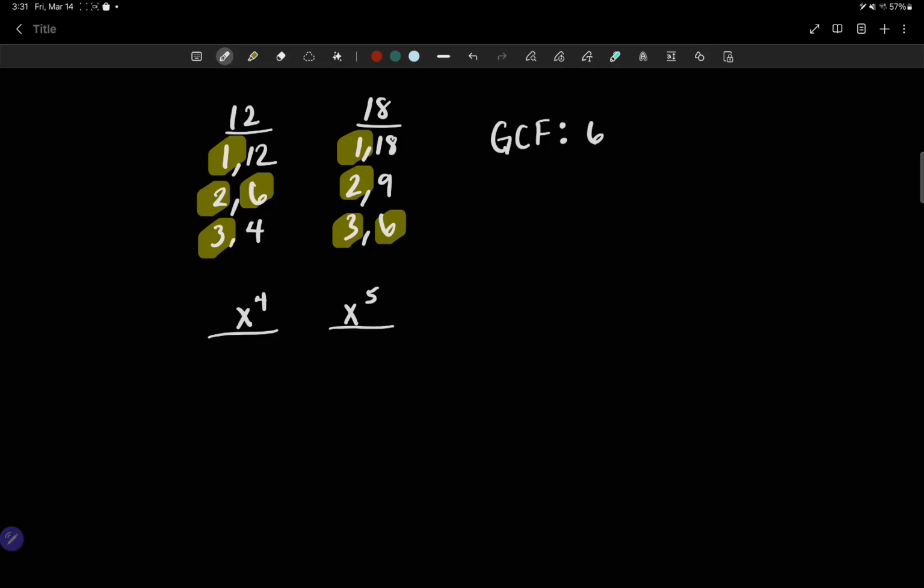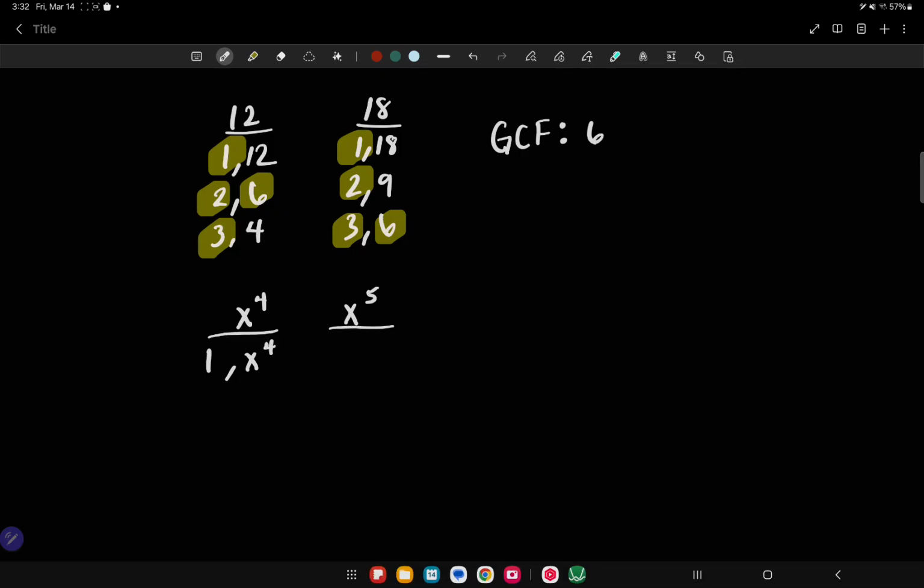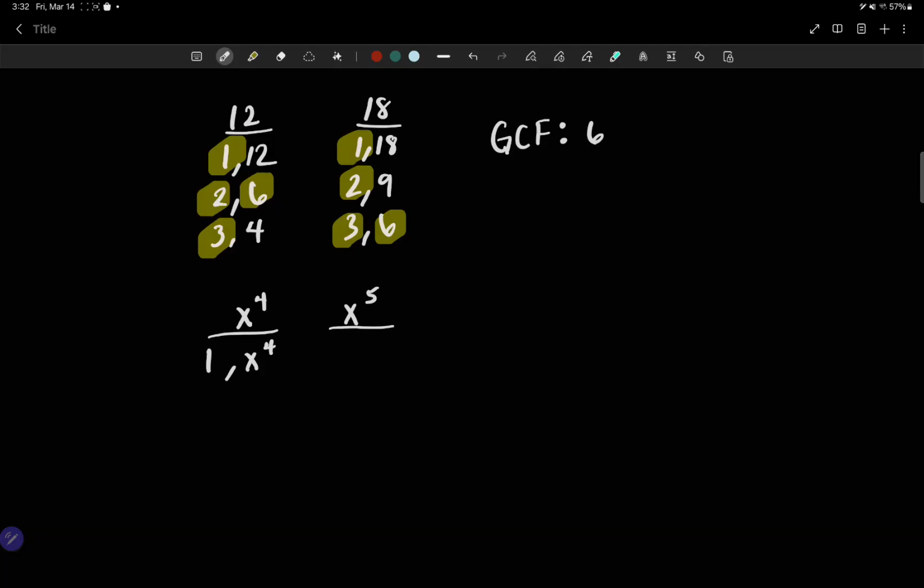So factors of x to the 4th, I need a pair of quantities that would multiply to x to the 4th. Now, I really want to use natural number exponents. Kind of like before, when we had 1 times 12, I know 1 times x to the 4th. Well, this 1 is really like x to the 0. Instead of writing x to the 0, you're just going to write a 1.